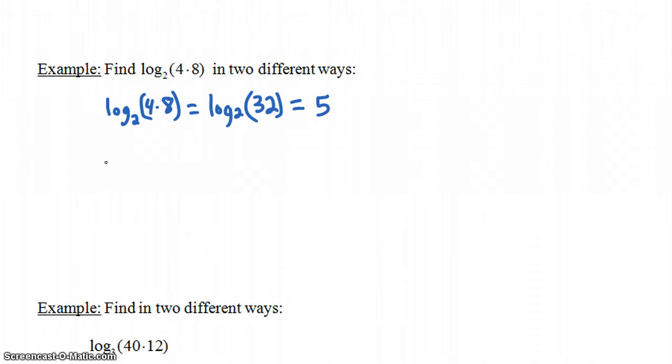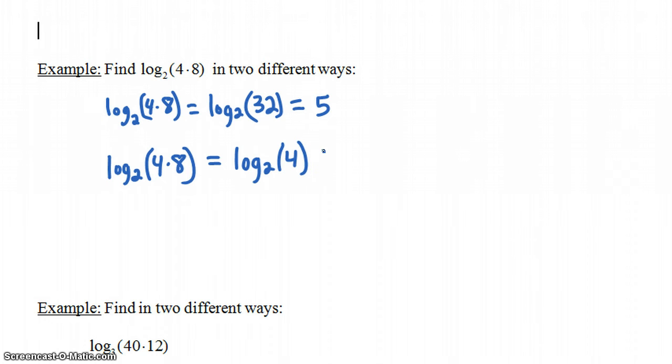Now, what's another way of doing the same problem? We could do log base 2 of 4 times 8. According to the product property, we could rewrite this as log base 2 of 4 plus log base 2 of 8. If you look at the product property, the 2 would be your a, the 4 would be your x, and the 8 would be your y. Now, what is log base 2 of 4?